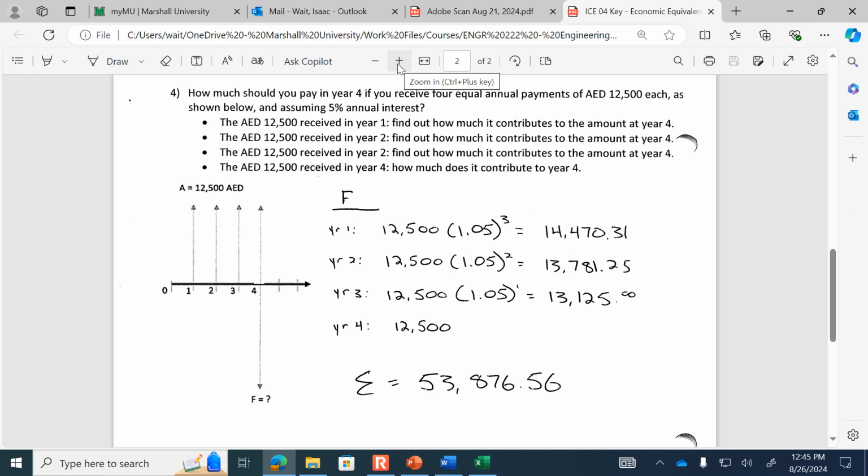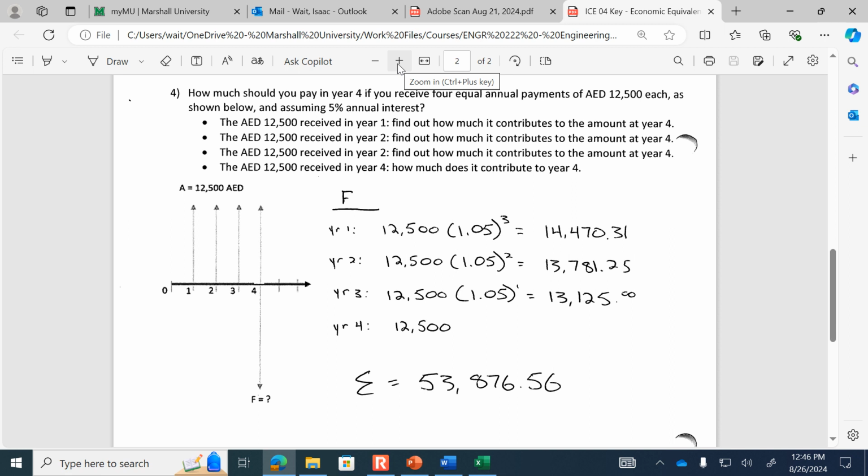Okay, I've got the solution to problem 4 up on the screen. We're moving money through time, and it needs to be compounded a certain number of years.